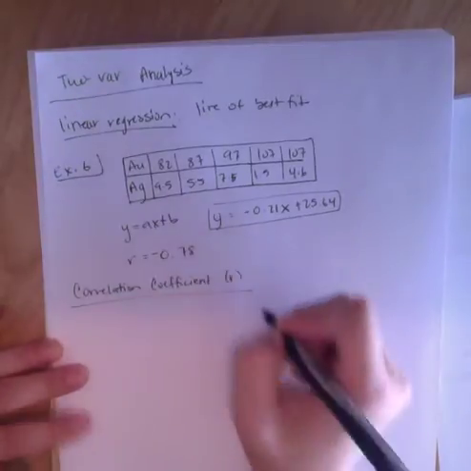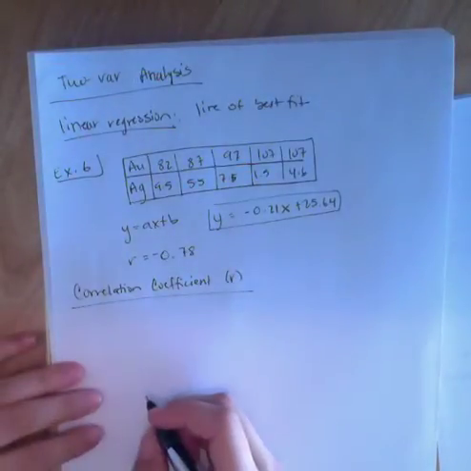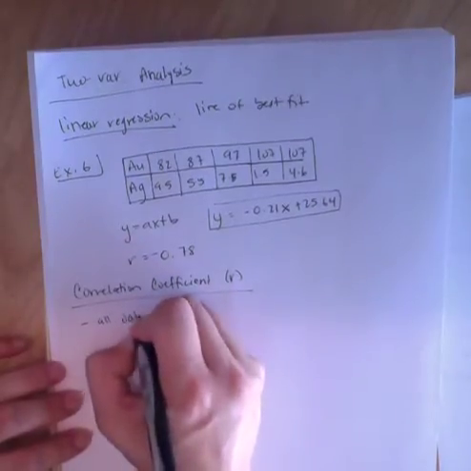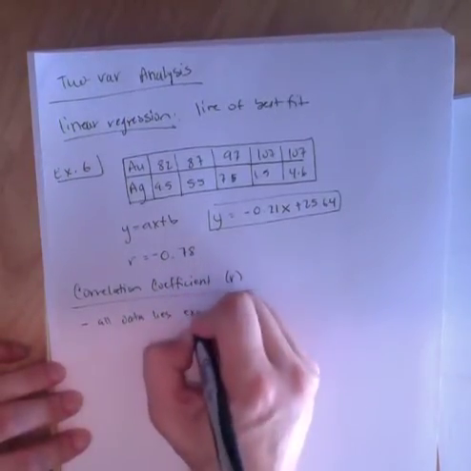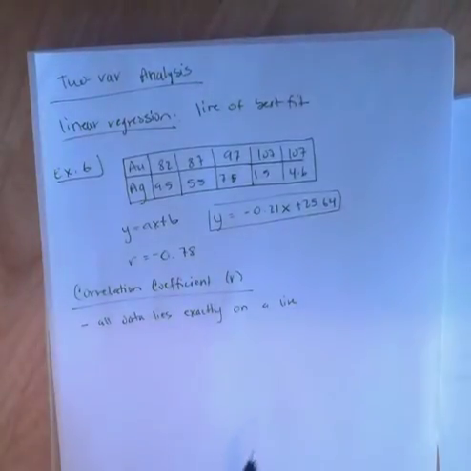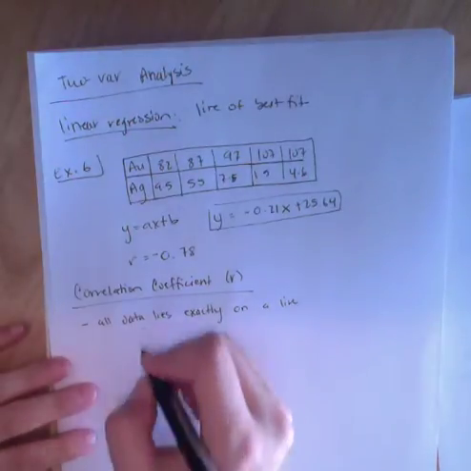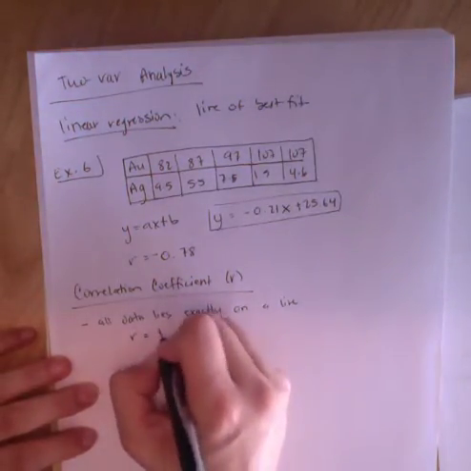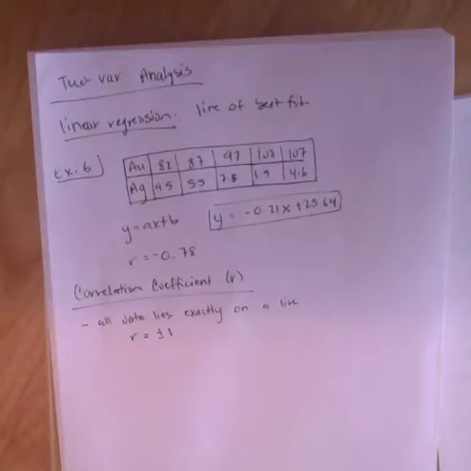That is the r. And what r is for us, so if all our data lies exactly on the line, so if I was to have my line of best fit exactly matched all of my data, then r is plus or minus 1. Okay?